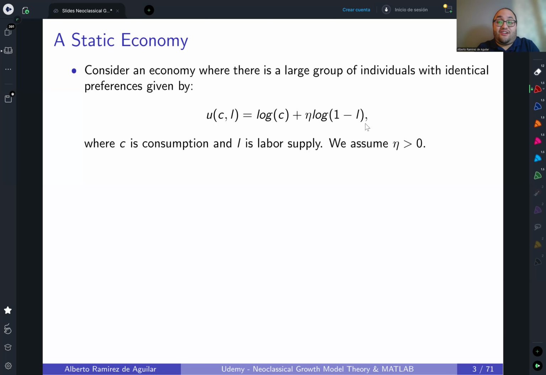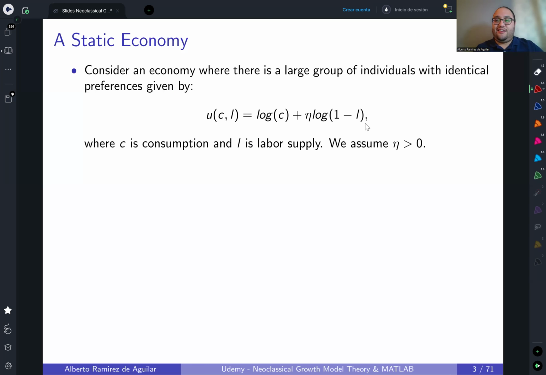This is usually referred to as the representative agent approach. And throughout the course, I will be dealing exclusively with a representative agent approach. That means I'm going to assume that the economies we consider have a lot of people. However, all of the individuals in the economy have the same preferences.